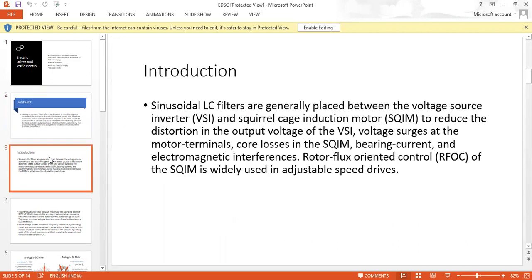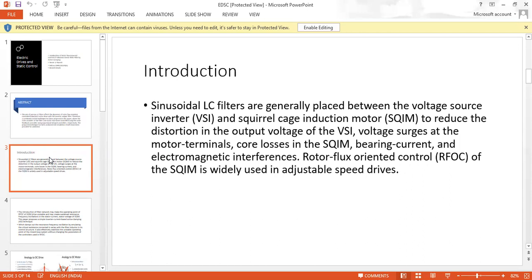Sinusoidal LC filters are generally placed between the voltage source inverter and the squirrel cage induction motor to reduce the distortion in the output voltage of the VSI, voltage surges at the motor terminals, core losses in the SQIM, bearing current and electromagnetic interference.